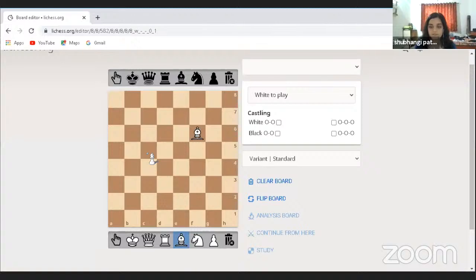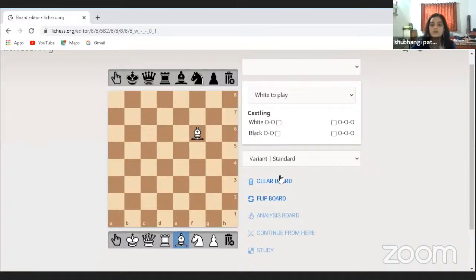Think about it. Bishop, cross, which square? f6, alphabet and number. Bishop cross f6. So that's how we write when we kill another piece.